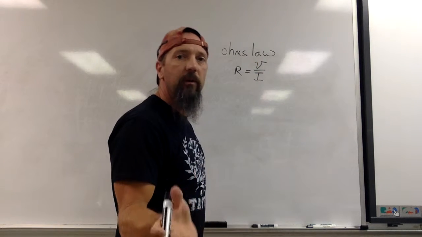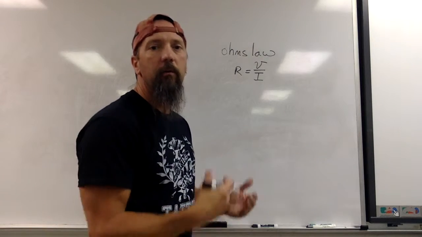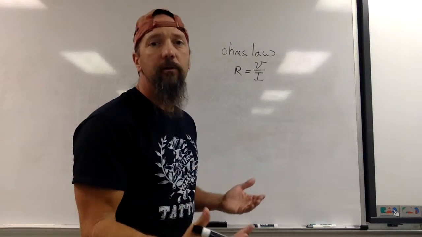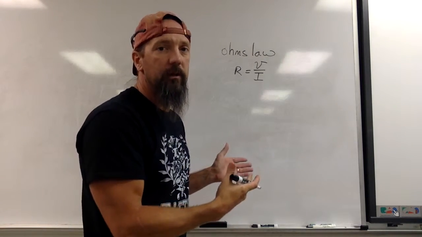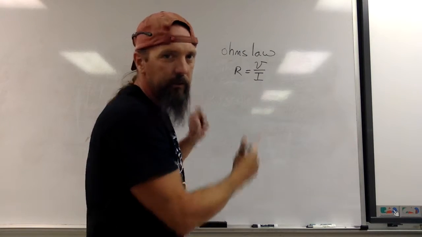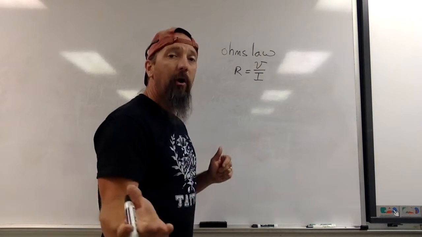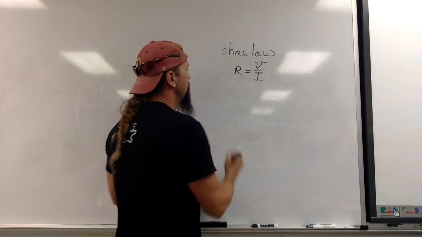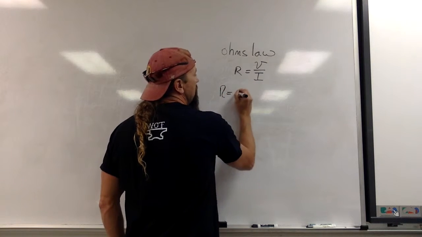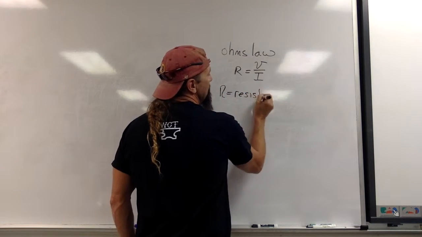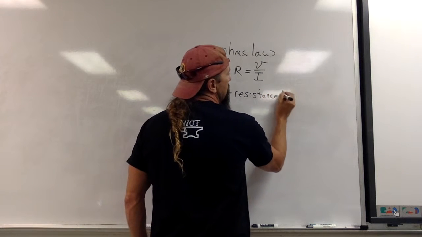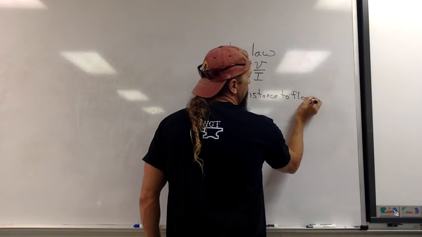Now, these three terms we're going to be using over and over again. You're going to get very used to seeing them when we do the electric circuits, because that's the whole key to electric circuits. Now the three terms, let's go down through them. Resistance, okay, this is resistance to flow.